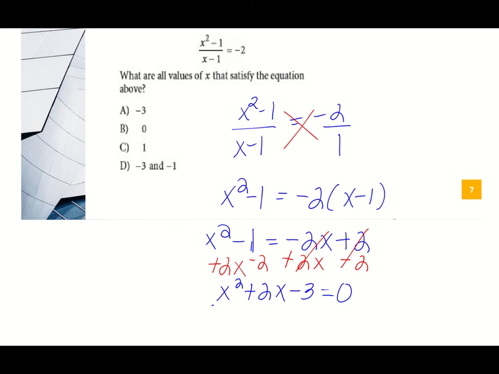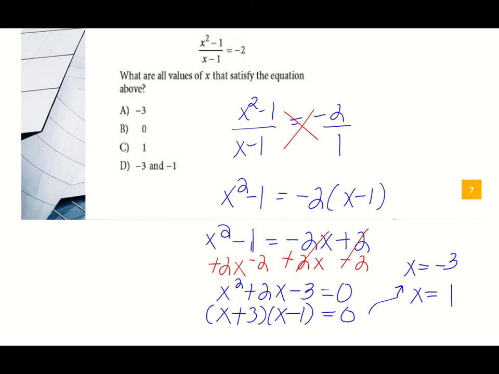And when I factor, I get (x plus 3)(x minus 1), because 3 times -1 is -3, and 3 minus 1 is 2. So what are our solutions? Well, x equals -3, and x equals 1.